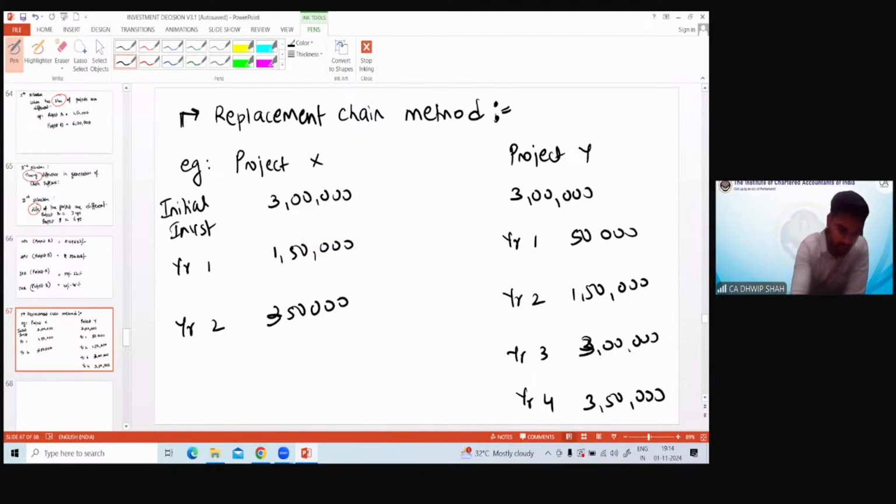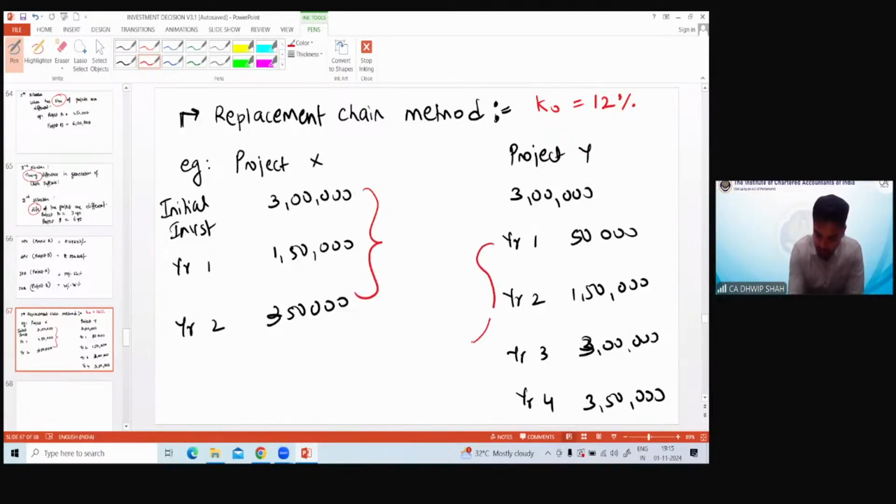So this is the scenario, and let's take the discounting rate, Ko, equal to 12%. Now, the replacement chain method says, ideally, these two projects have unequal life. You cannot make any decision because project X is just for 2 years, whereas project Y is to be undertaken for 4 years.